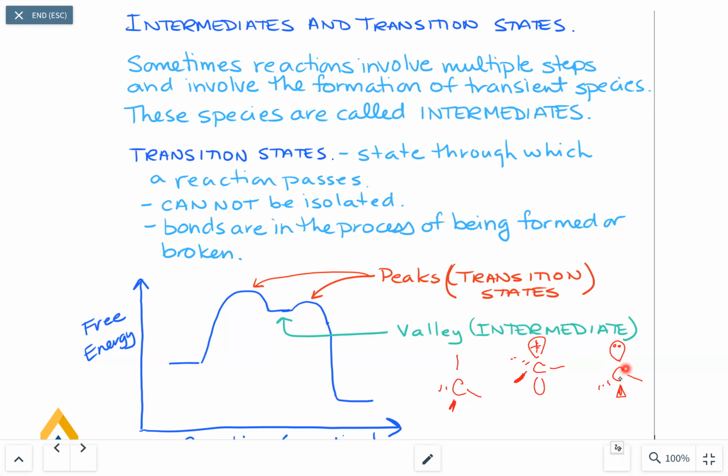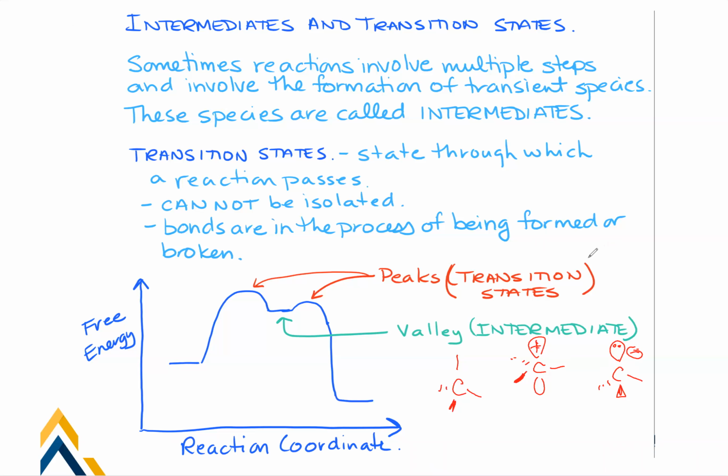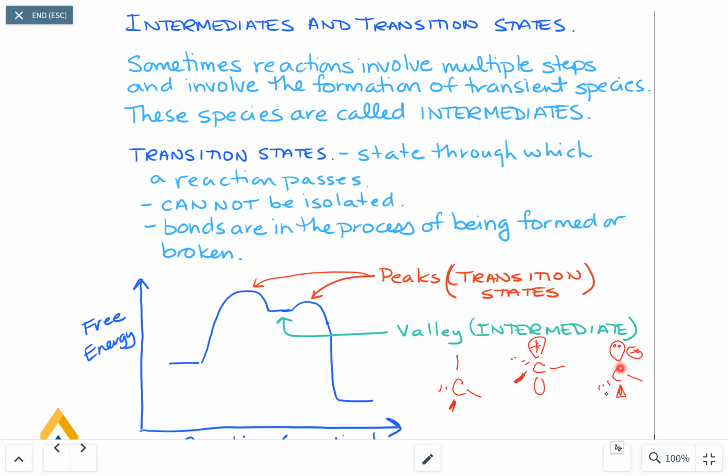And here's another example. If we have a carbanion, so carbon with lone pairs, which means this is carbon with a negative charge, and we're comparing that to carbon with four bonds, which one do you think would be higher in energy?